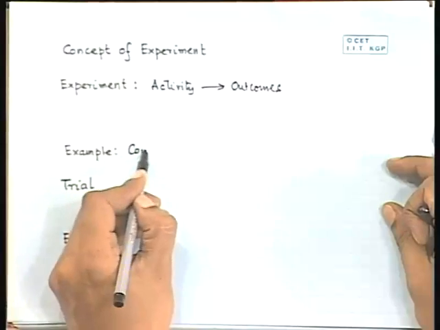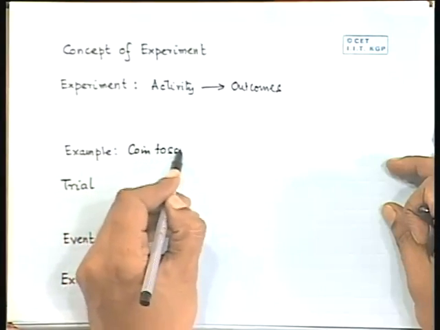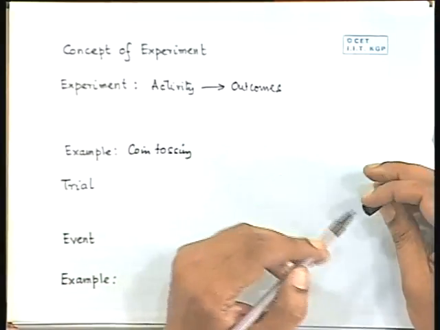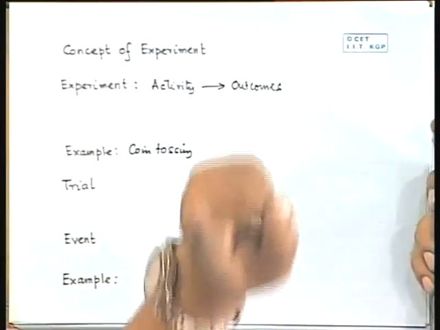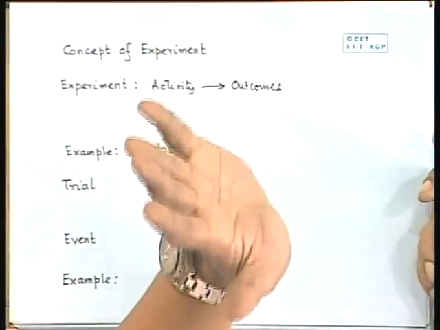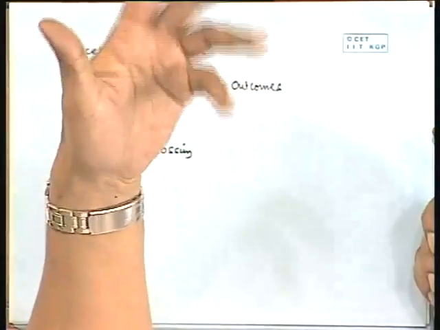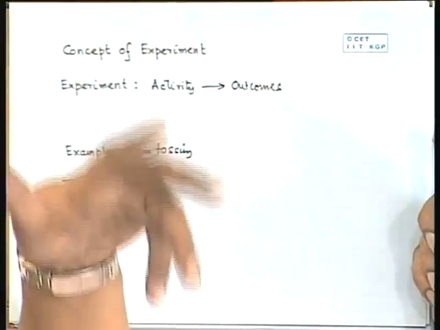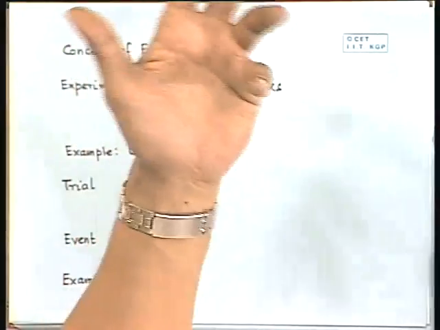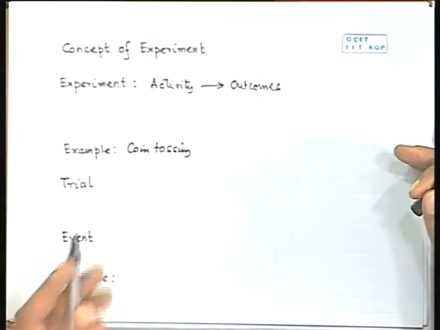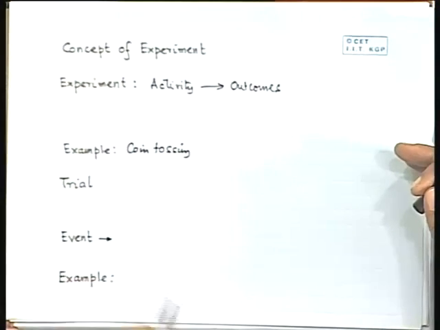So example could be coin tossing or die throwing, whatever. Now, a single performance of an experiment is generally called a trial. So you can perform any number of trials of that experiment. If you measure the temperature on 7 days, you have performed 7 trials. Right? That's a trial.